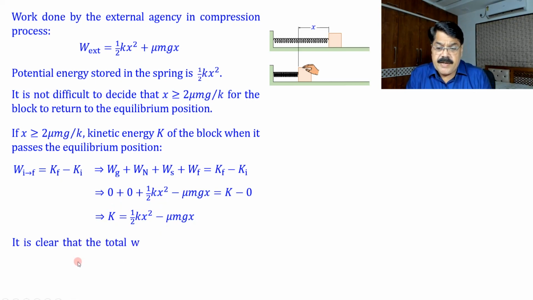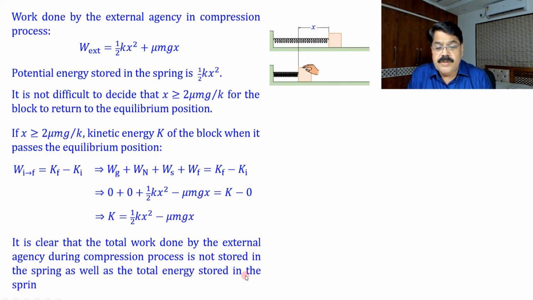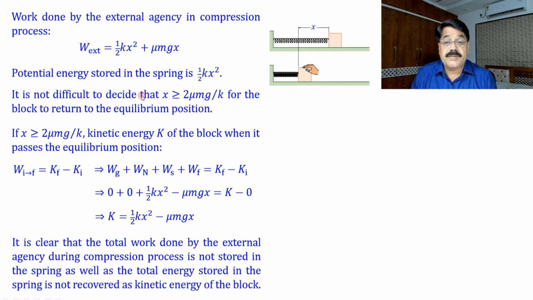It is clear that the total work done by the external agency during compression is not stored in the spring, as well as the total energy stored in the spring is not recovered as kinetic energy of the block after the block is released. How much work has been done in the compression process, only this amount is stored and this amount is dissipated by friction.